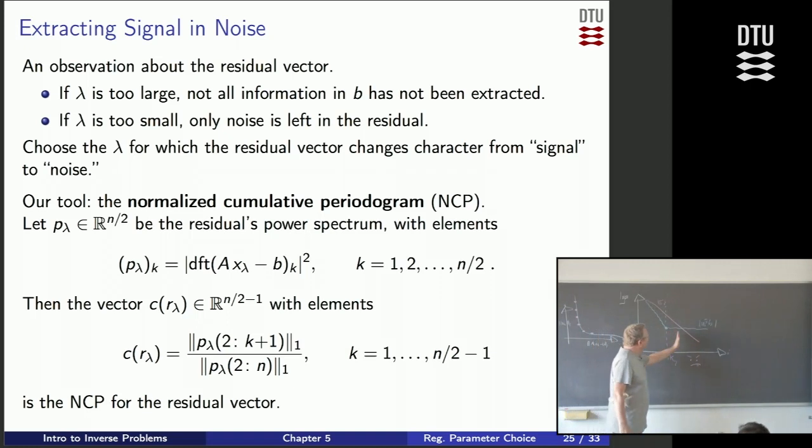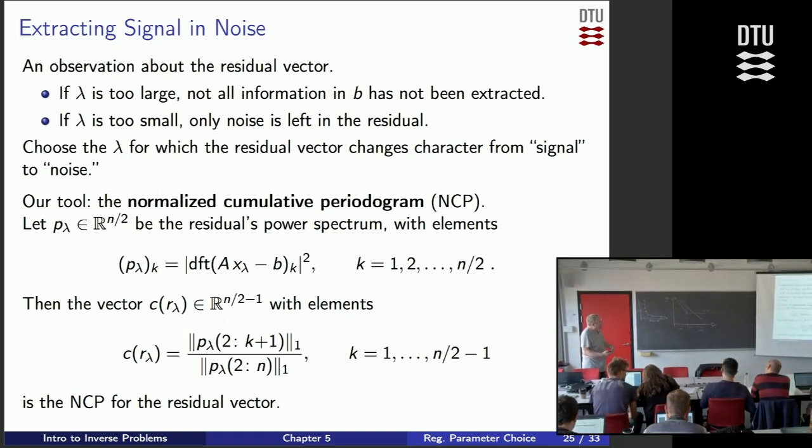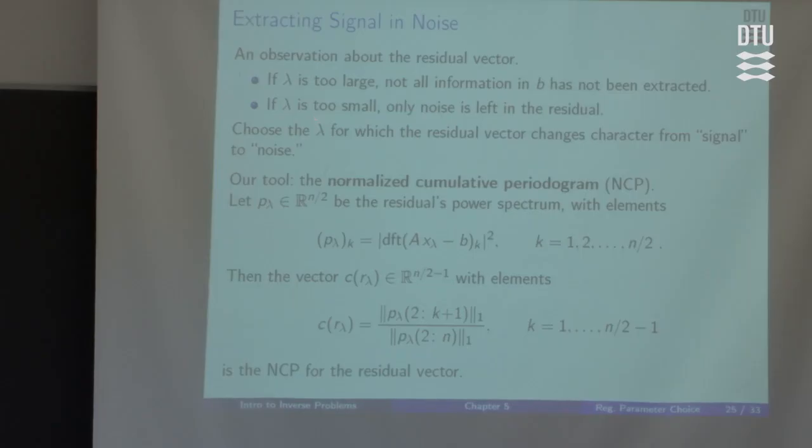And so whatever is left in the residual is only the noisy components now, because we have extracted all the reliable stuff, only noise is left. Okay, so here, lambda too small, only noise is left. Lambda too large, there's still information in b.